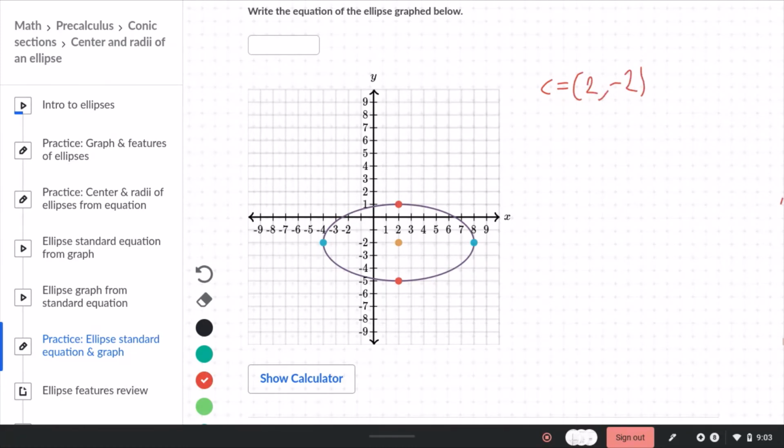Then let's find the A. The A is always the semi-major axis, which is the horizontal line from the center to the blue point, which is 6. So A equals 6. Now we need to find the B, which is the vertical, and it's the semi-minor, so half of the minor axis. So it's 3.